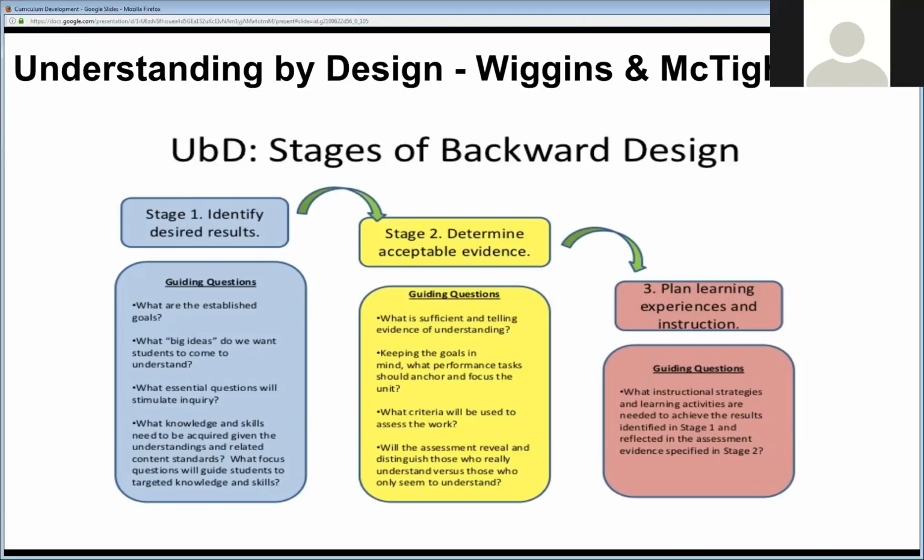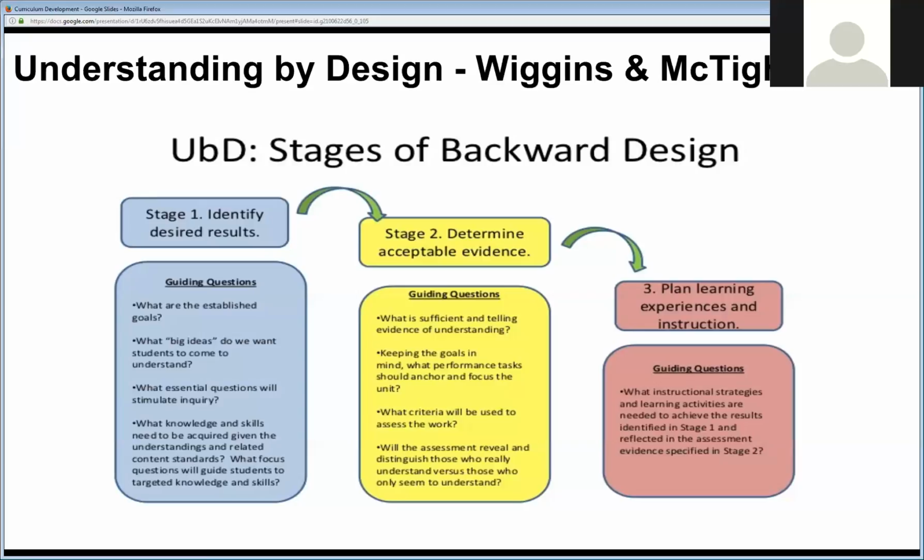Quite frankly, some of these stages, because of the nature of where we live in Pennsylvania, are going to be answered straightforward for you, and some of them aren't. Like the acceptable evidence, well, the acceptable evidence that we currently have in place, whether I like it or not, is NOCTI. So you're going to have to be thinking about using that as a guide. Now, what's funny is that I don't think NOCTI is an appropriate desired result.